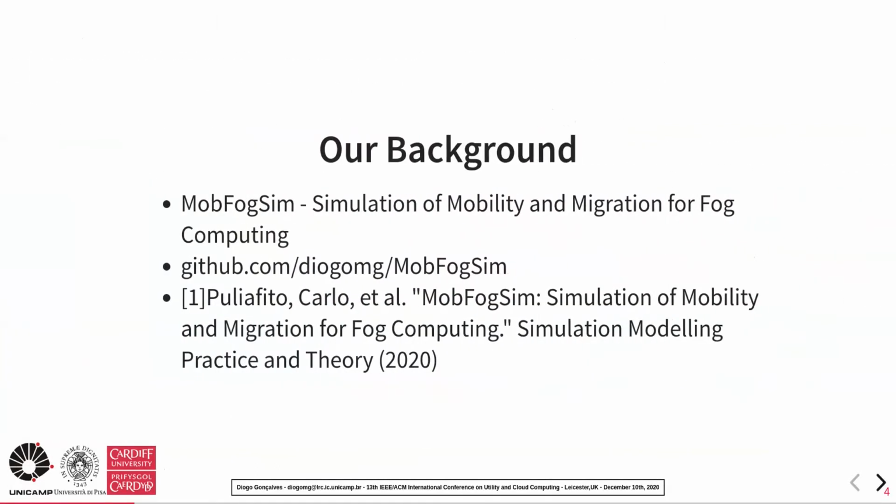Our research group has been working on problems of service migration associated with user mobility on fog infrastructures. To evaluate these scenarios, we developed a simulator named MobFogSim, which is open source and can be found on my GitHub page. Also, more details about MobFogSim can be found in our paper in the journal Simulation Modeling Practice and Theory, in which we introduce the simulator.